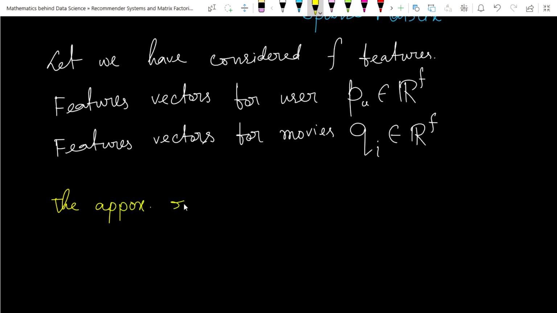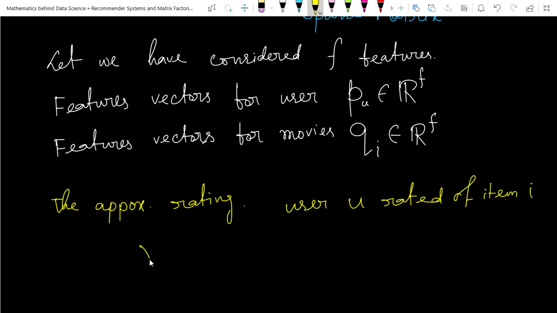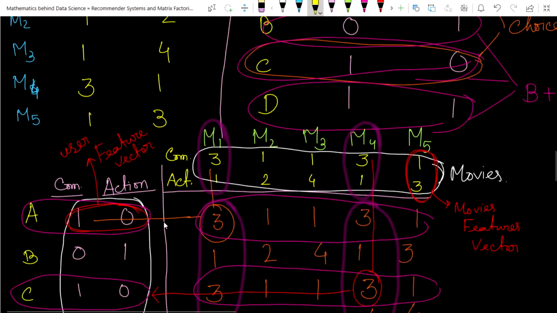This is the approximation rating that user u gave to item i. Let's use r hat ui, where u is for user and i for item. So r hat ui will be q_i transpose p_u.